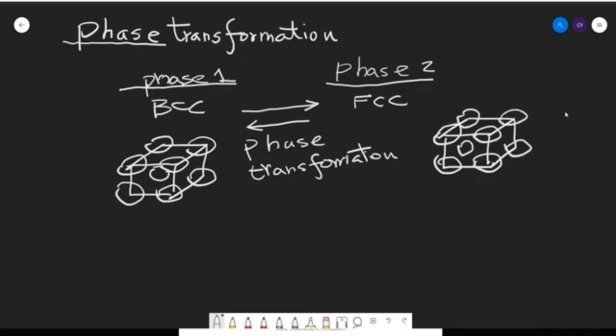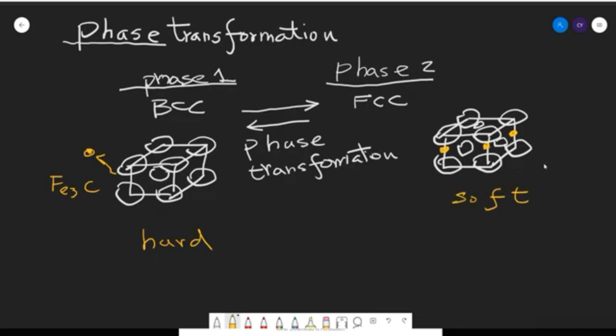In this case, the face center has an atom C. We have told you many times the carbon here is in FCC. In this case, the carbon goes outside and it becomes Fe3C. So in this case, very hard. And here, soft.